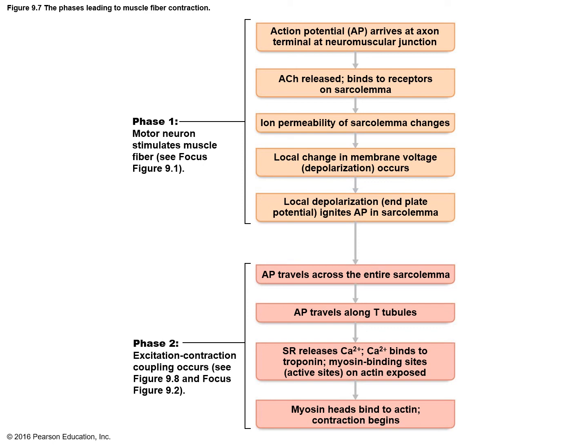The permeability of the sarcolemma changes for ions, meaning it's going to allow certain ions to enter into the muscle fiber, which normally cannot. When those ions enter into the muscle fiber, it's going to cause a change in the charge, what we would refer to as the membrane voltage. It's going to change it from a negative inside the cell to a positive inside the cell.